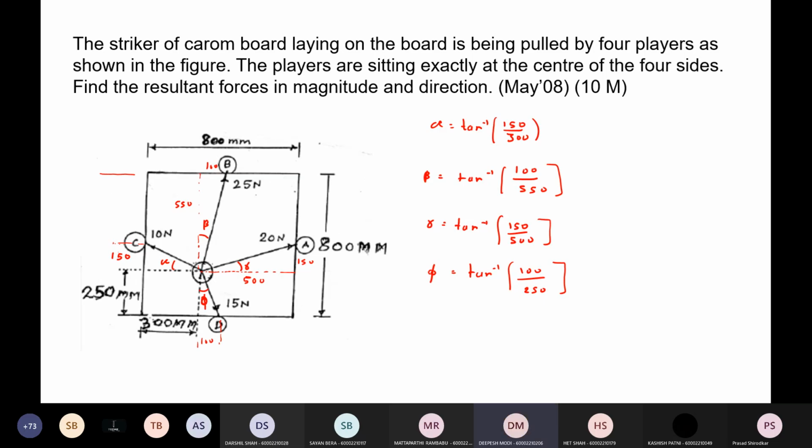Sir, how did you get the value of 100, 550, 500, 150? So I'm using this triangle. See, I'm constructing this triangle. All right. So these are all midpoints, A, B, C, and D. So total is 800. So midpoint means half will be 400.